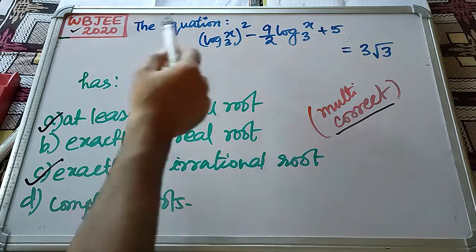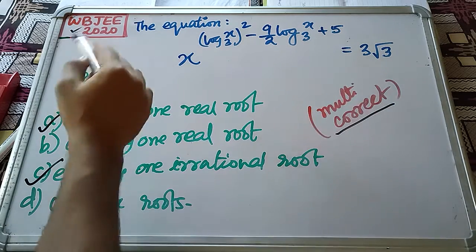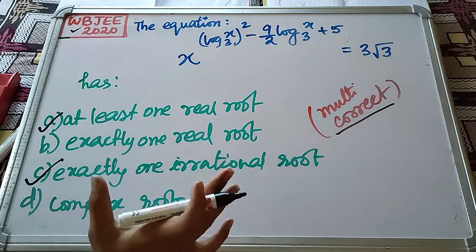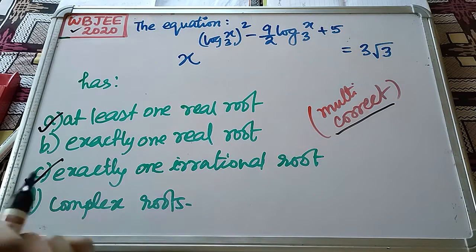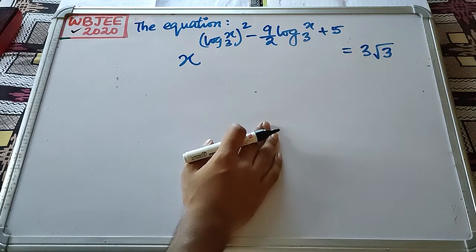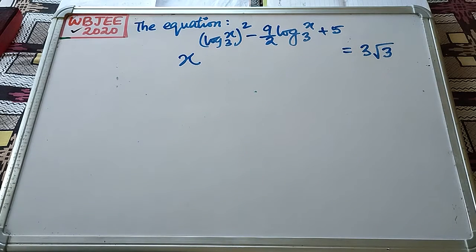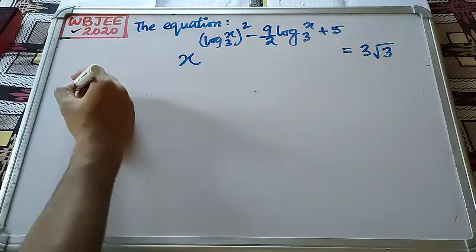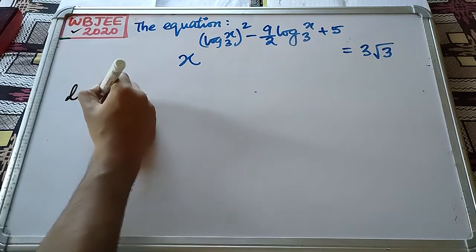The question says this equation equals 3 root 3, therefore you need to solve for the value of x. So now let us discuss the solution of this question. In this question you can see that this term log x base 3 is repeated, and you have another x over here, so it will be very wise to consider log x base 3 as something else.